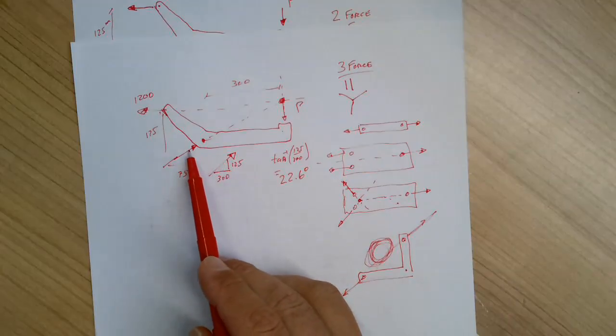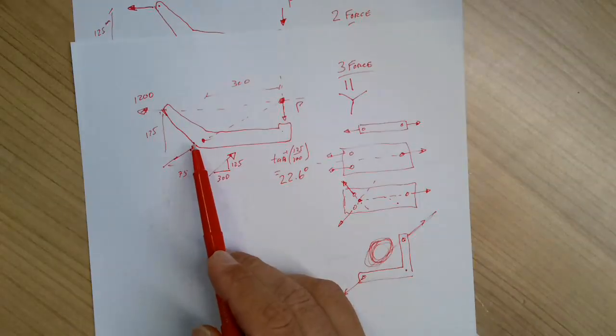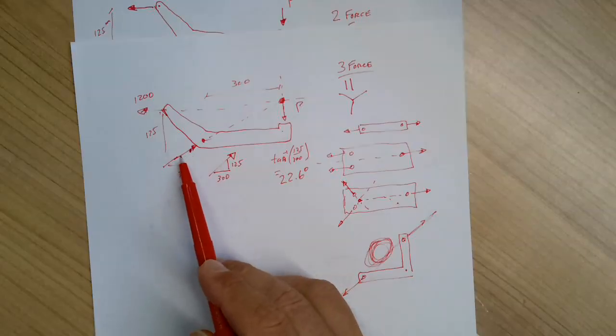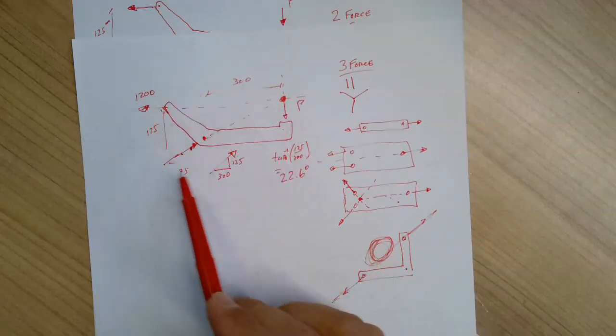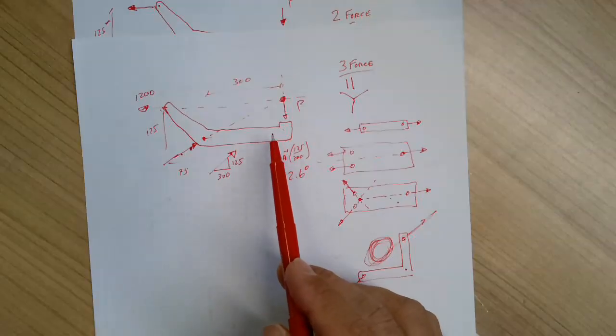So instead of having two unknowns here, right, and I want to remind me to show you the diagram and the reaction table again. It can either be two unknowns, like x and y component, or it can be two unknowns, magnitude and direction. But I know the direction of this one, so it's only one unknown. So this problem now is a problem with only two unknowns instead of three.